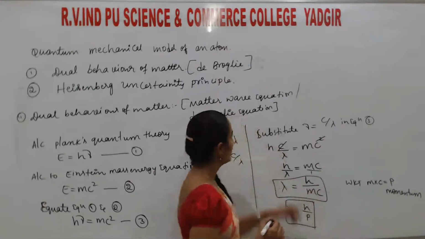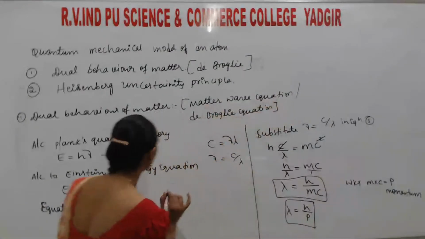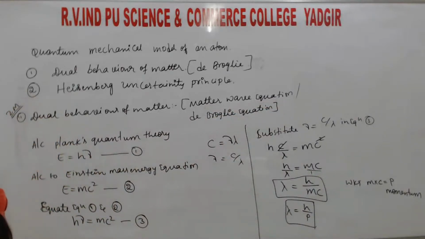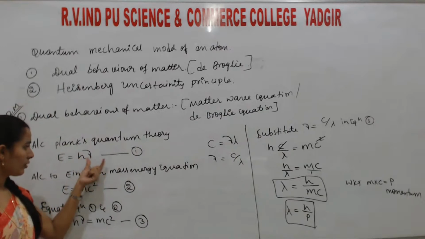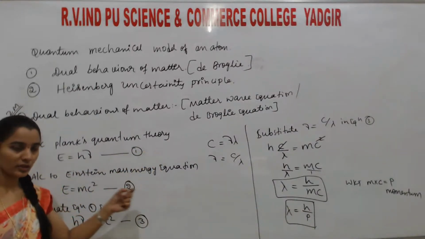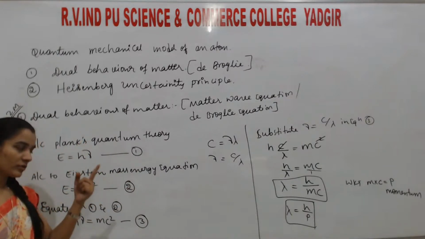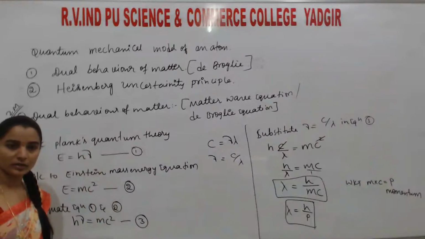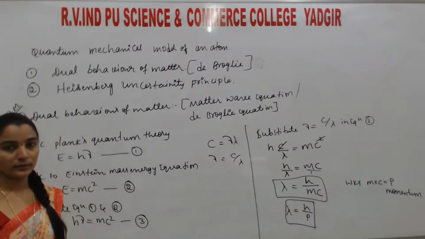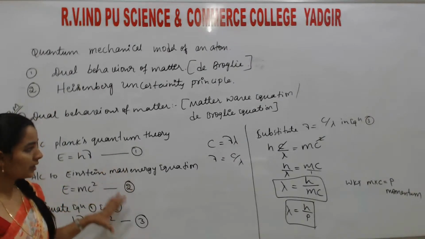These two are the de Broglie equation or matter-wave equation. This derivation is important for 2 marks. Just by comparing, you have to consider one the Planck's equation, another one Einstein's equation. Just compare and substitute nu is equal to c by lambda. Then you will get the answer. Okay, important for 2 marks. Understood? This is the equation.